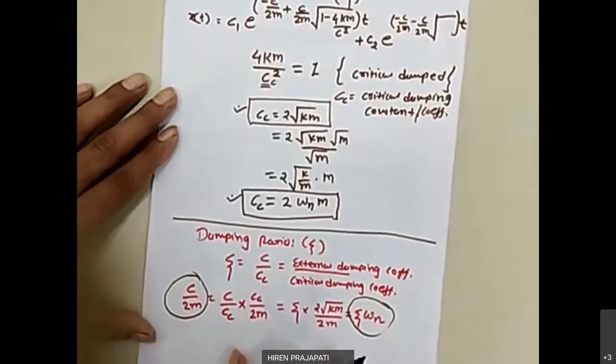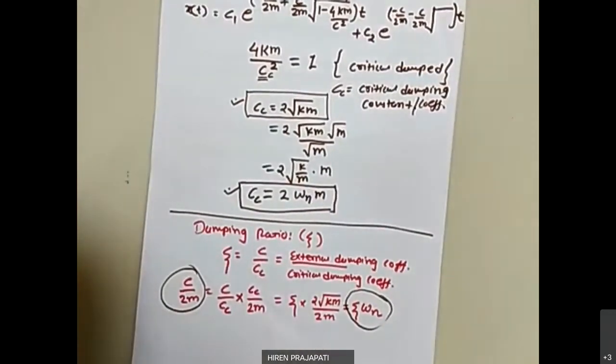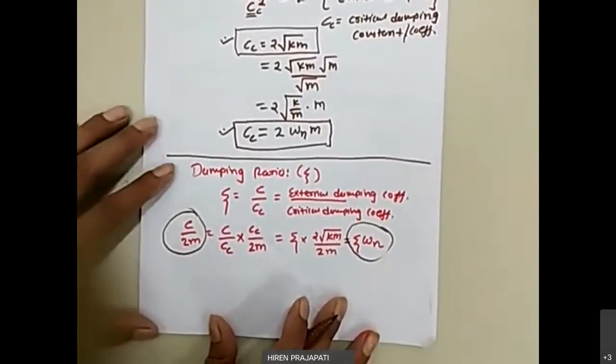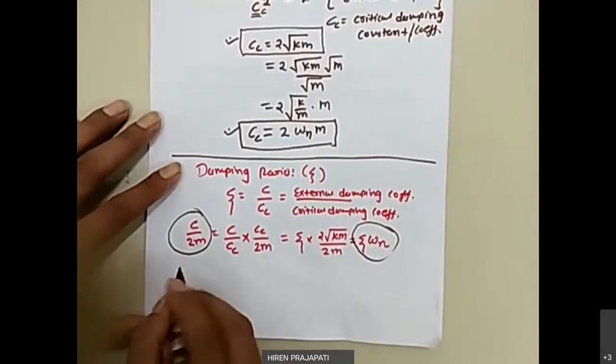So that is what we are doing now. Now again we are rewriting our governing equation of motion of the spring mass system when damping is considered.